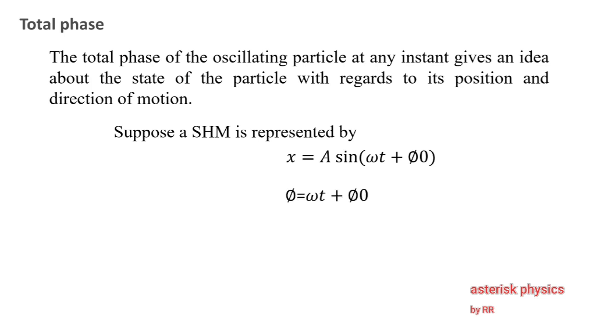In this equation, omega t plus phi 0 is called the total phase of the simple harmonic motion. We will discuss phi 0 later. So phi 0 is known as the initial phase, and omega t plus phi 0 is called the total phase of an oscillating particle.